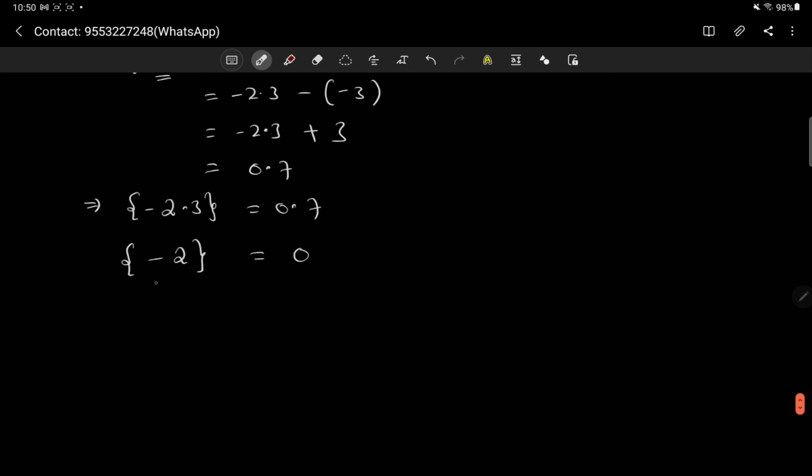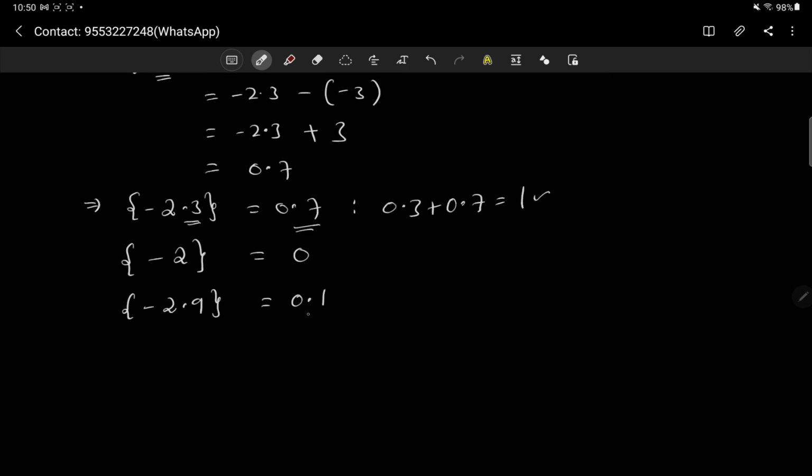Okay, next, the fractional part of minus 2.9, so that will give us what? 0.1. You see here 0.3, 0.7 give us what? 1. 0.3 plus 0.7 gives us what? 1. Okay, so the sum of these you should get as 1. In that way you can remember, right?